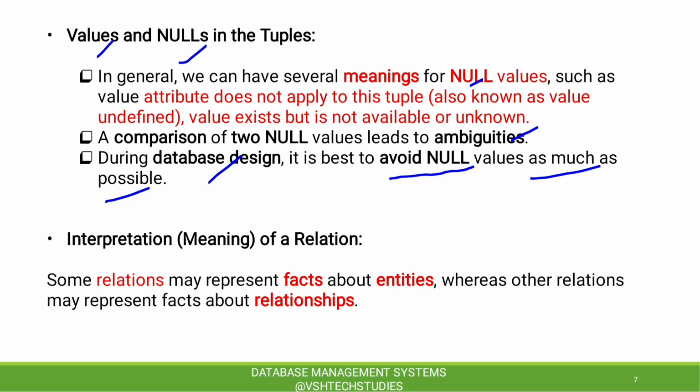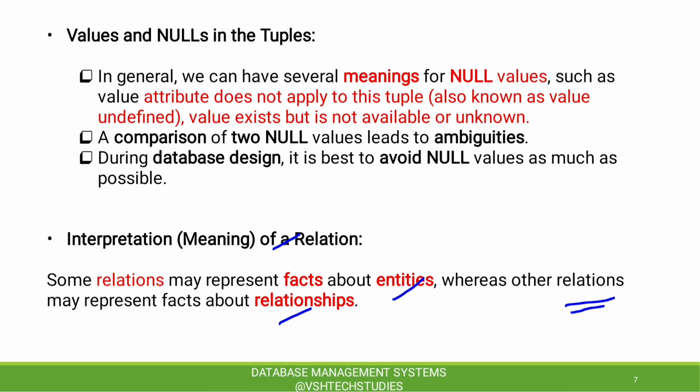Okay. The fourth and last characteristic of relations is with respect to interpretation of a relation, or meaning of a relation. So whatever objects, that is entities, we get from the real world, they are finally converted to relations. Similarly, relationships also become relations in the relational data model.